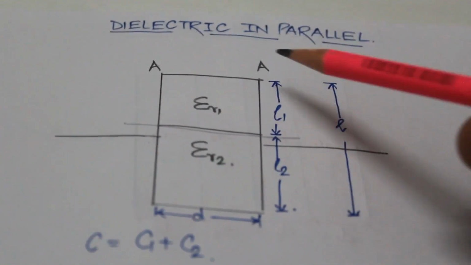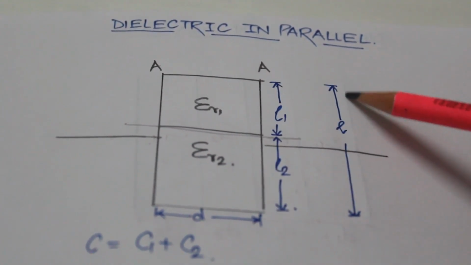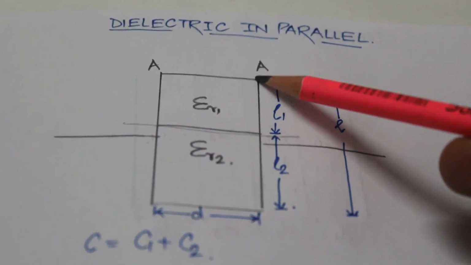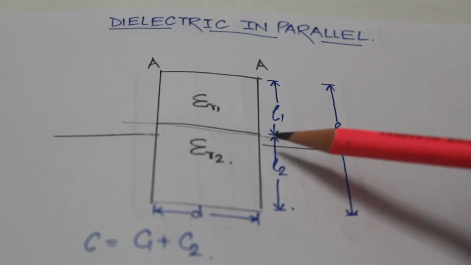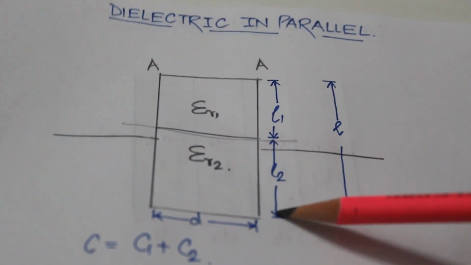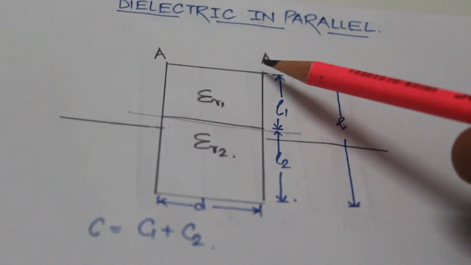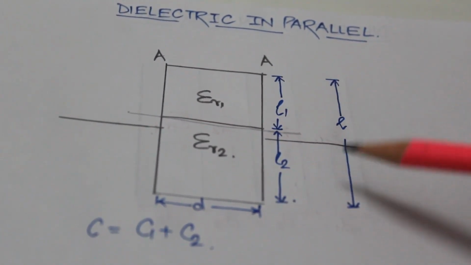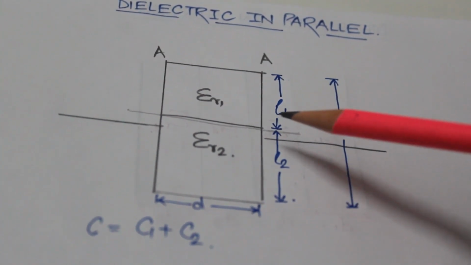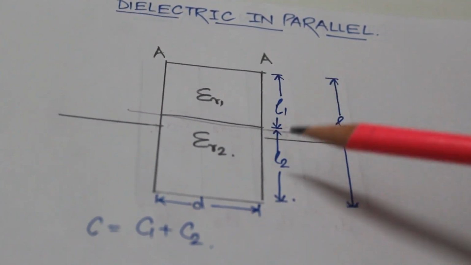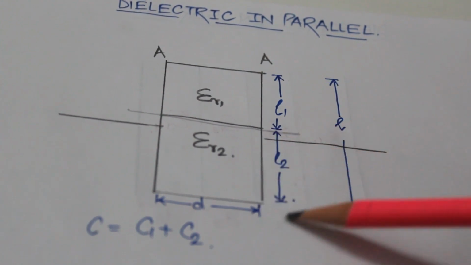Let's say the total length of the parallel plate capacitor was L. For the first, let's say the length is L1, whereas for the second, let's say the length is L2. The area is A only when the length was L. Now what will be the area if the length becomes L1, and what will be the area if the length becomes L2?